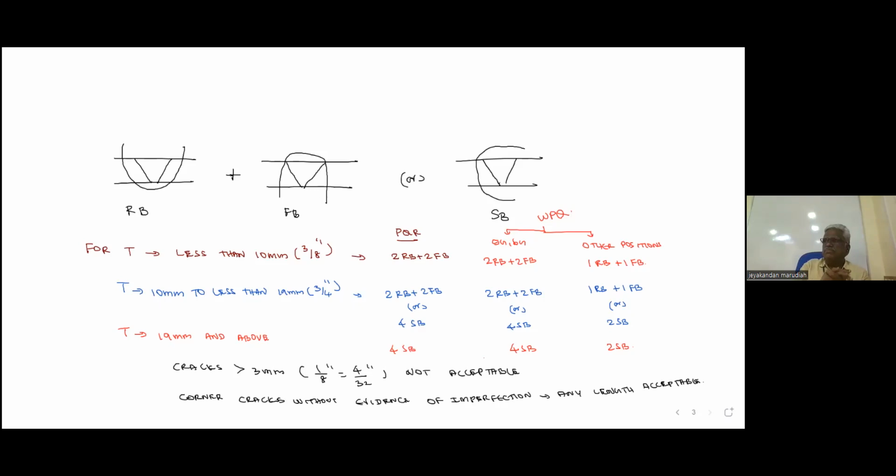So we have seen, yes. Okay. So tensile strength we have seen.